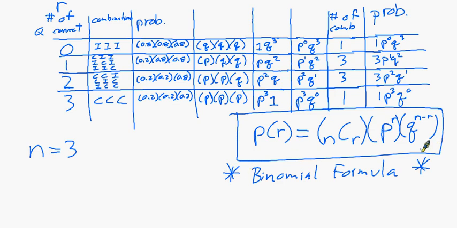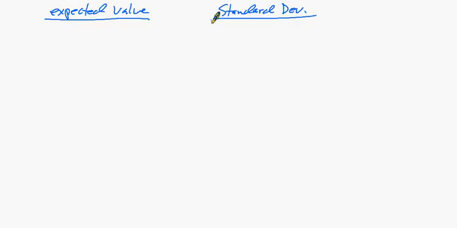So whenever you have a situation where you have a binomial variable, you can say goodbye to the tree diagram. With this, you don't need the tree diagram anymore. You can just plug in the numbers, and it gives you the probabilities. And that is what our next video will show.